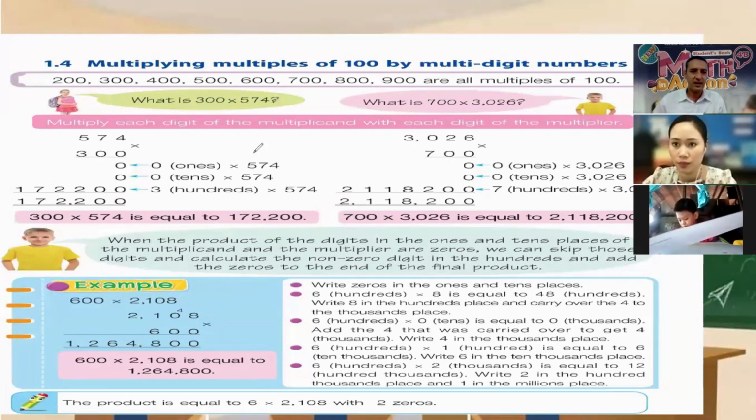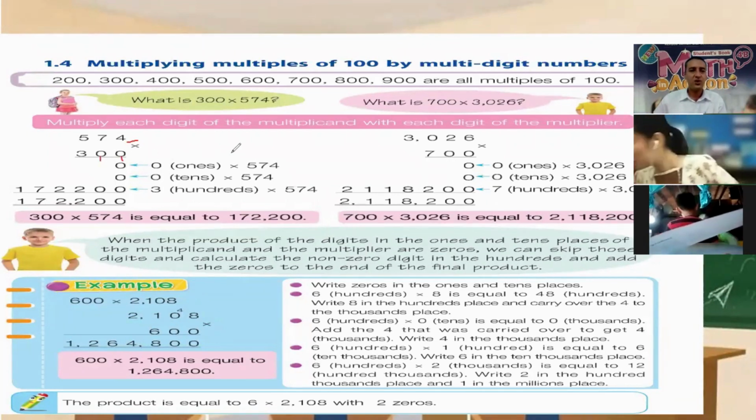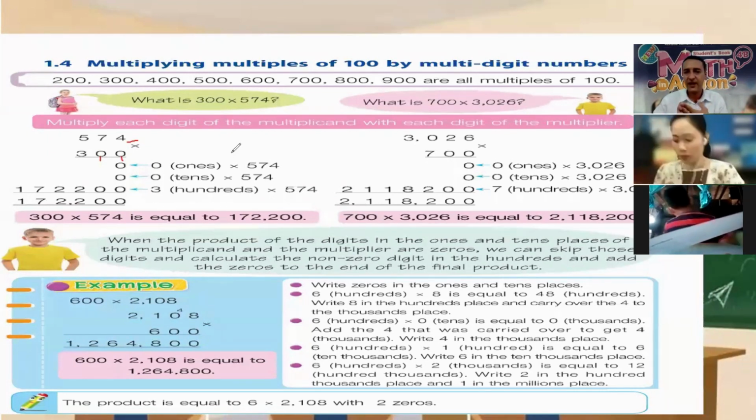It's given to us. We have the multiplicand 574 and the multiplier 300. So how are we going to multiply that? We are going to use the short form. As we can see here, at the place 1 and the place 10, we have 2 zeros. So at the ones place we have 0, and at the tens place we also have 0.